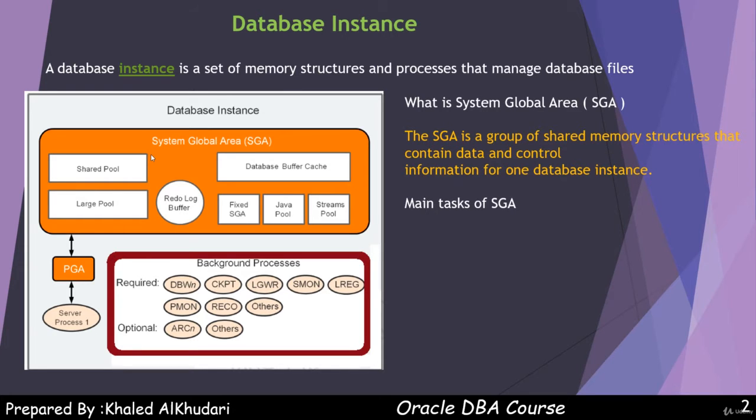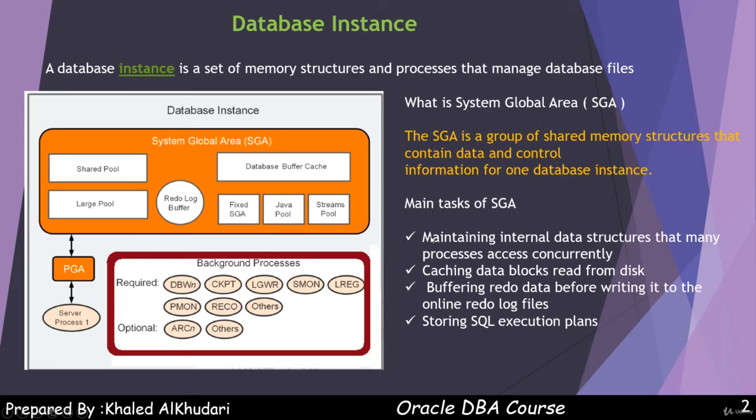Each component has a specific task. The main tasks of SGA: maintaining internal database structures that many processes access concurrently, caching data blocks read from disk, buffering redo data before writing it to the online redo log files, and storing SQL execution plans.